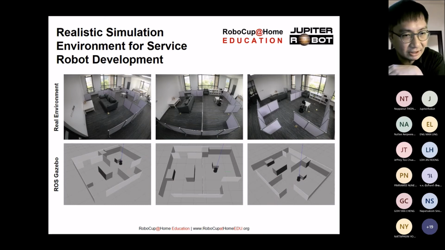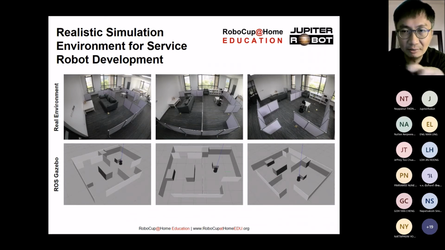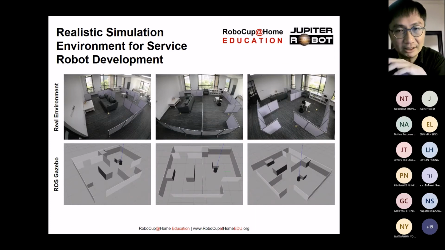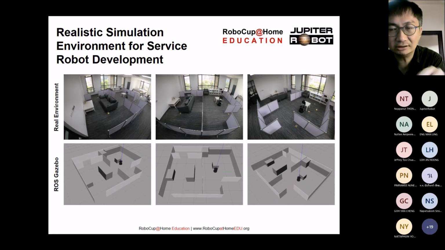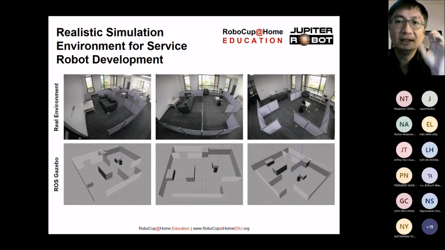You can see I put up the raw Gazebo images and also the real environment, which is located inside Jupyter Robot's office. They have a test corner. They use panels to partition out a living room, and they created the same 1-to-1 scale Gazebo model.